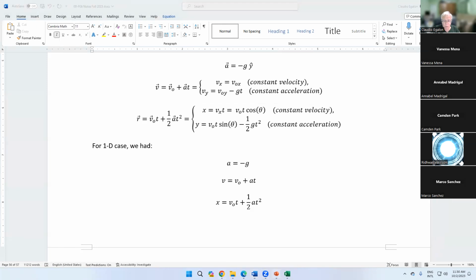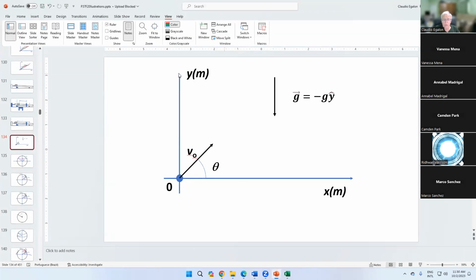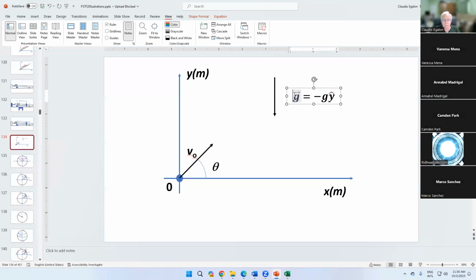For this problem of projectile, we can set the initial position, the vector r naught, as being 0. It goes from problem to problem. For this specific problem, we can set the initial position as being 0, but not the initial velocity. The initial velocity cannot be 0. Otherwise, the projectile doesn't move anywhere, right? It goes from problem to problem.